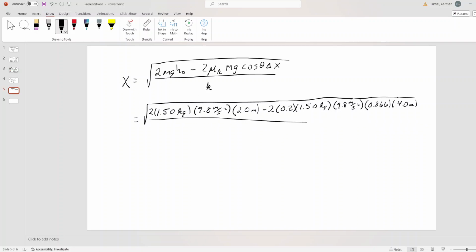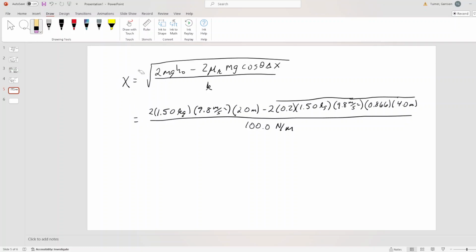And then I'm going to take all of that, divided by 100 newtons per meter. Okay? So there you go. And all of that is under the square root.